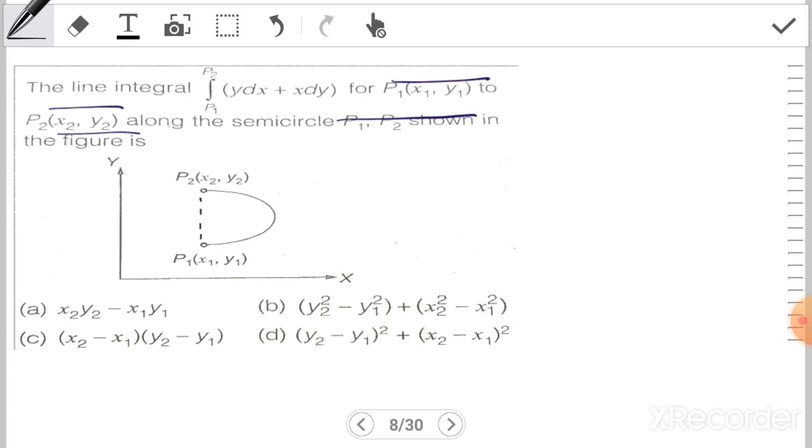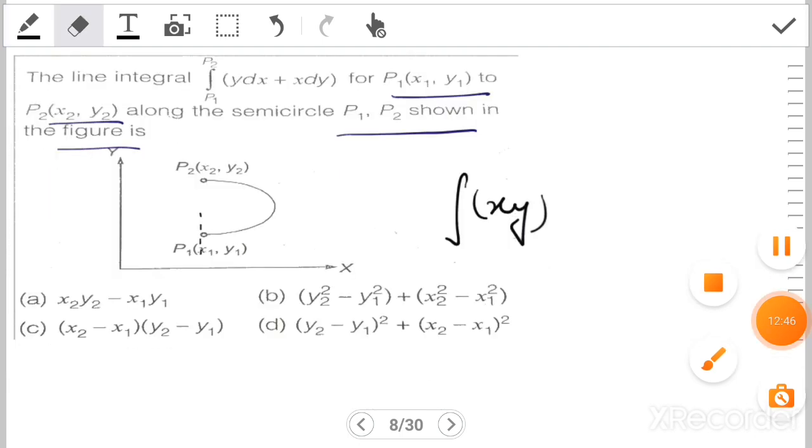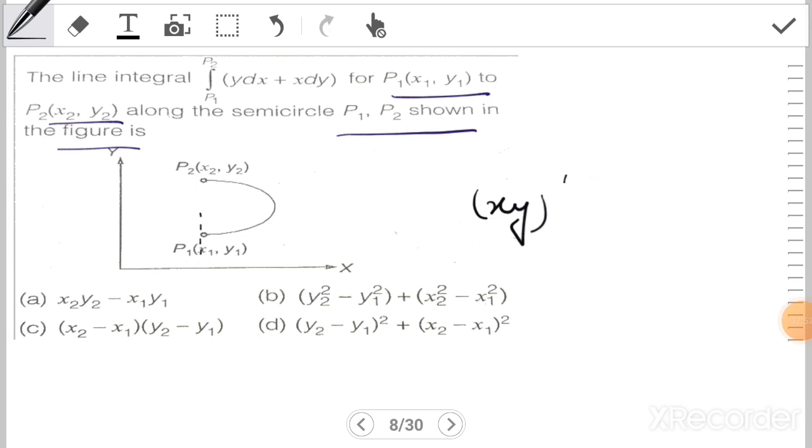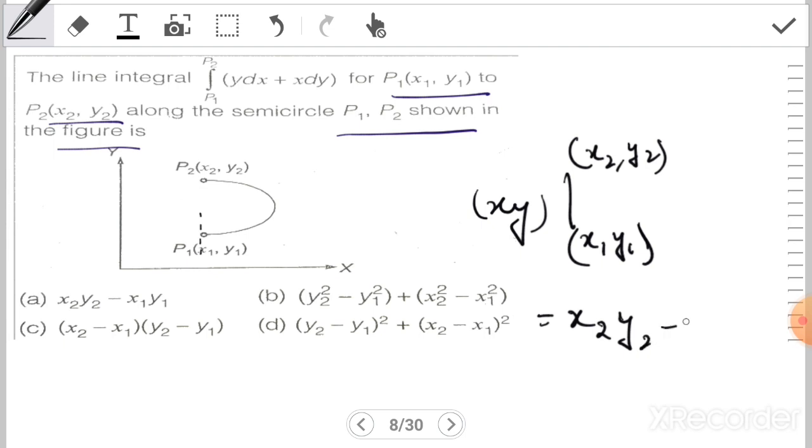So here, simple, using Green's theorem we have xy, x1 y1 and x2 y2, which will be x2 y2 minus x1 y1. So this is the answer, A is the answer. Okay, so let's go to the next problem.